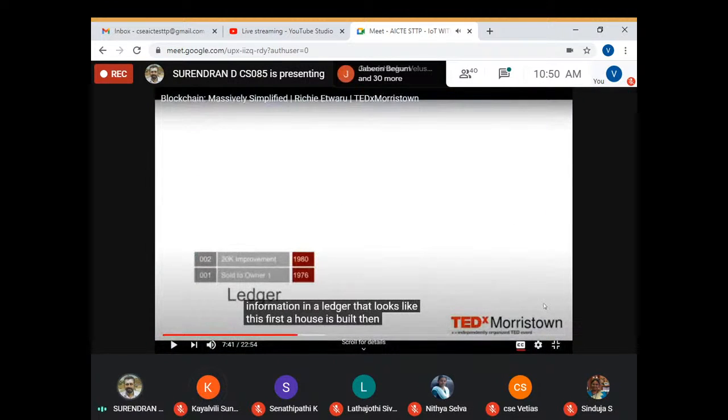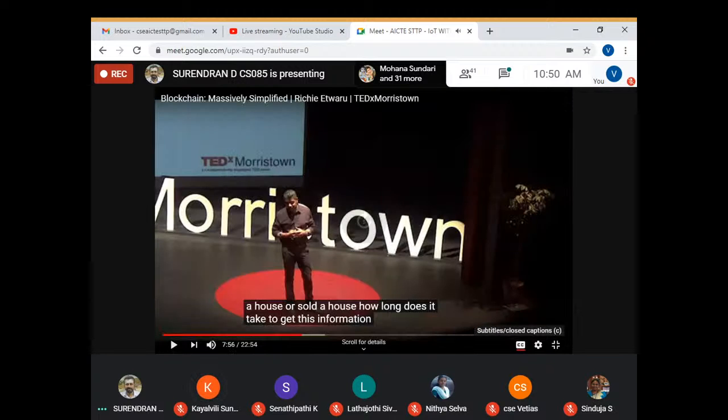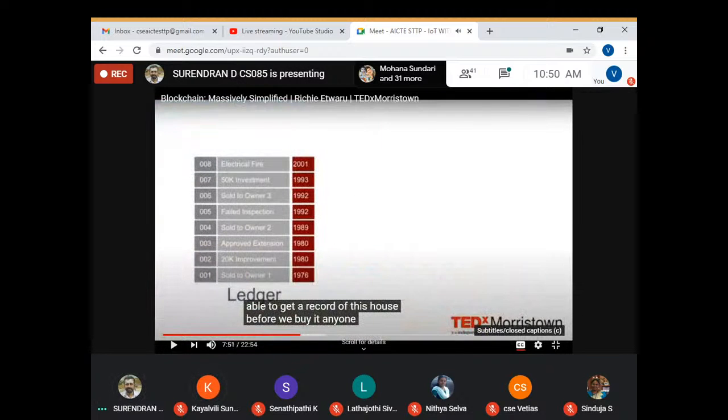So the ledger or the Bitcoin, what is being told here is that this information has a key, and nobody can tamper with it. Now here is where cryptography comes in.